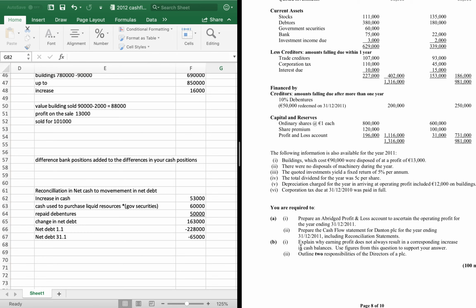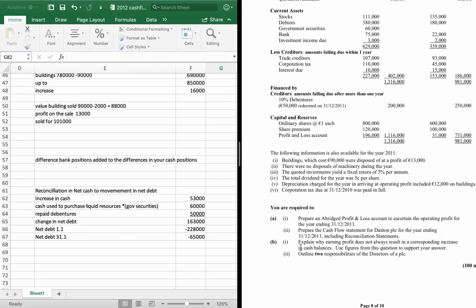A decrease in bad debt provision would be an example of a non-cash profit. A profit on the sale of a fixed asset does not lead to any extra cash coming into your business bar the cash received for the fixed asset, and an increase in credit sales increases your profit but does not increase your cash position. So you can look at those numbers.